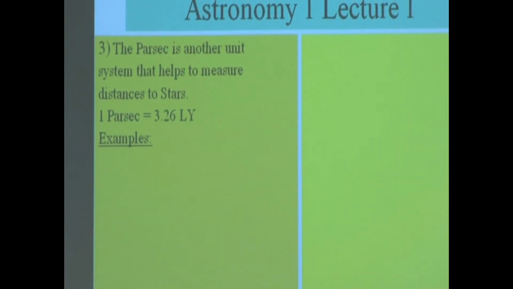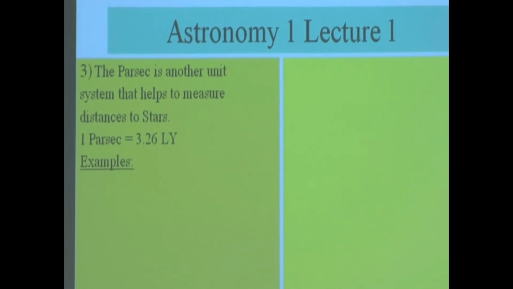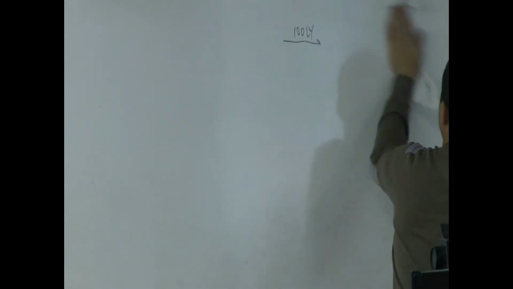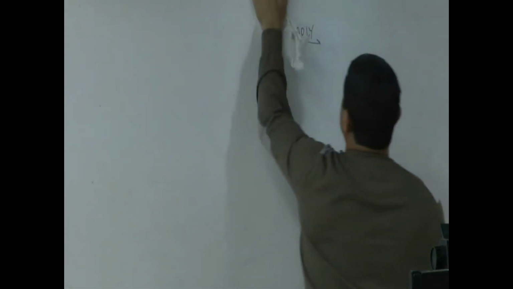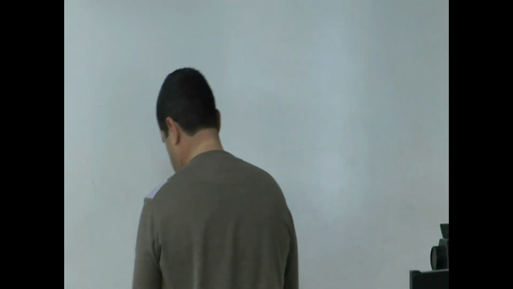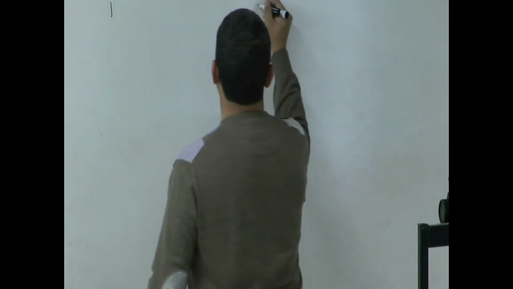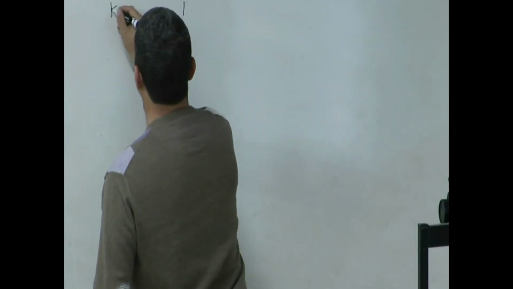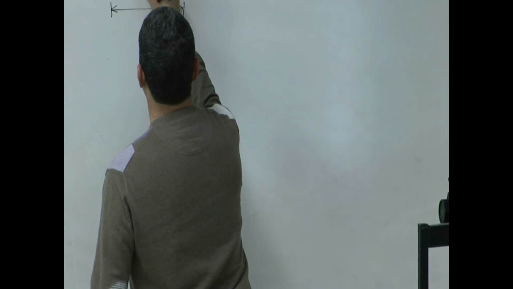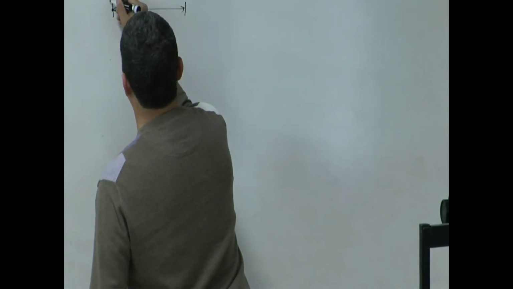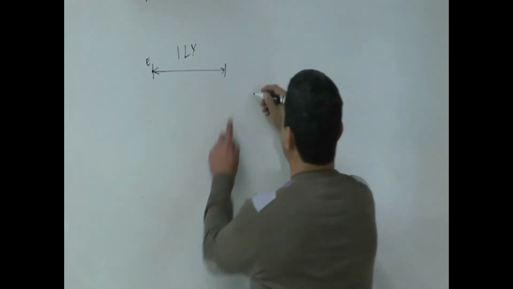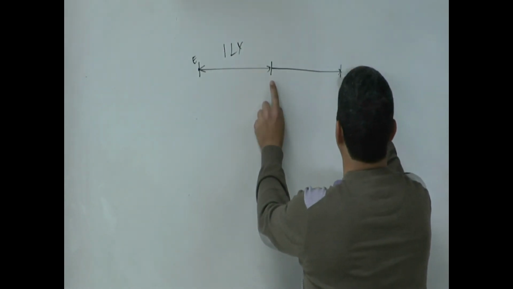So if you compare them to each other, here's one parsec. Let's say this is 1 light year. And then let's say this is the Earth. And then this is another light year.